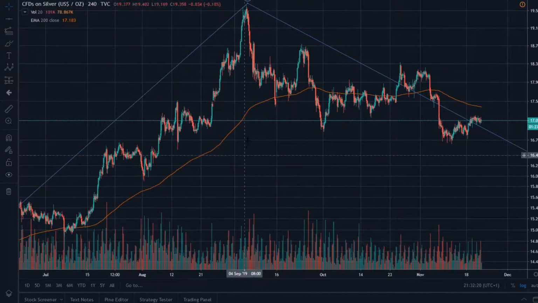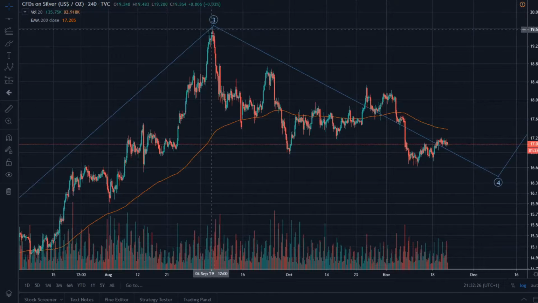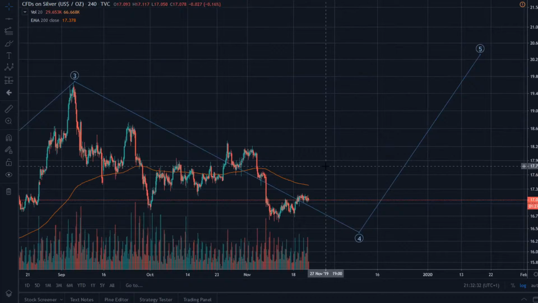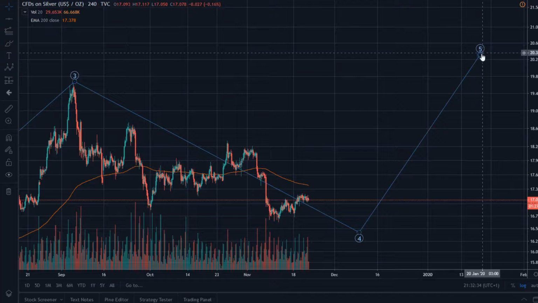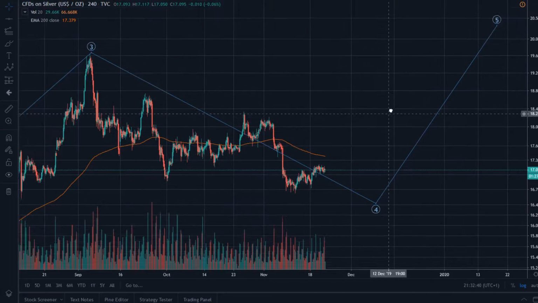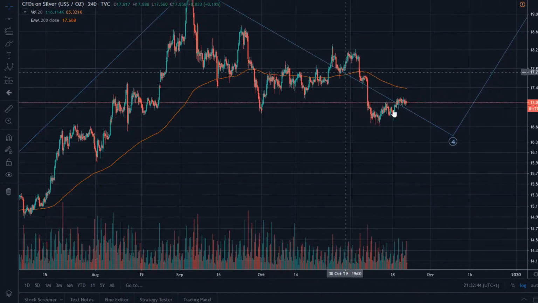Nonetheless, we are now in this correctional pattern, and since this is probably the finish of wave 3, it means we have one more upwards move to go. In my opinion, this will go to about $20.30. But in order to go there, we first have to finish this correction move.